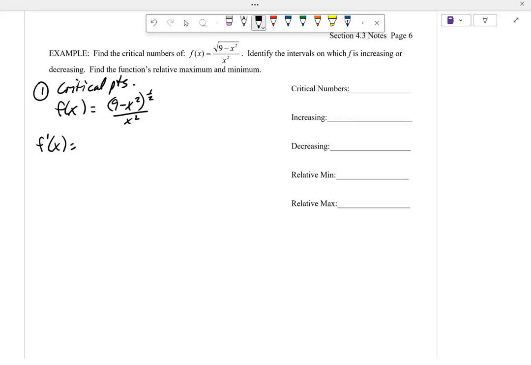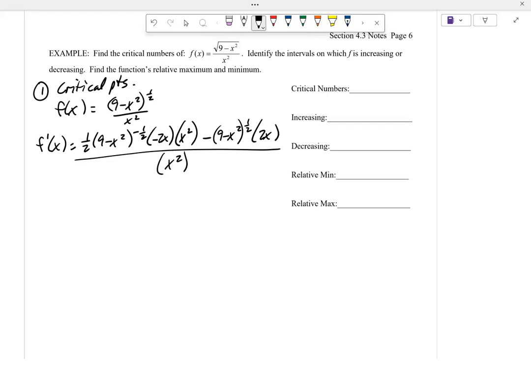So derivative of the top, chain rule, times the bottom, minus the top, derivative of the bottom, all over bottom squared.